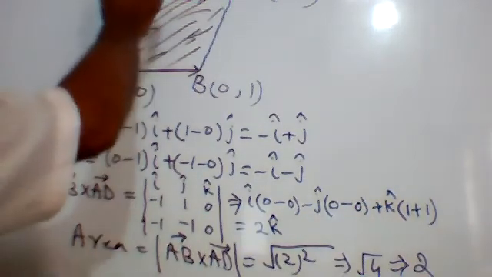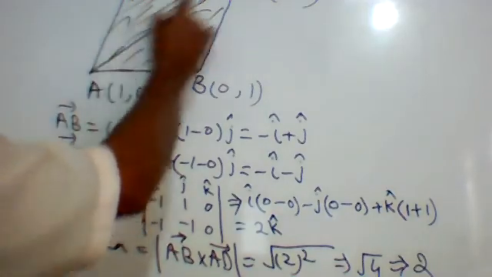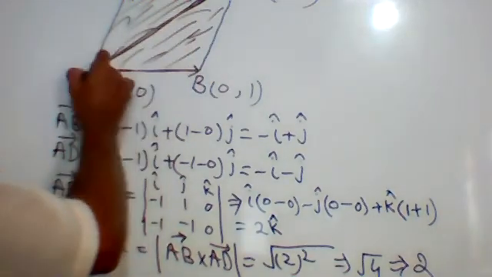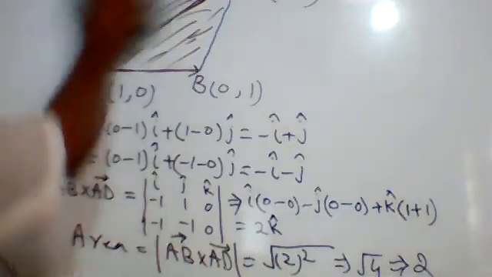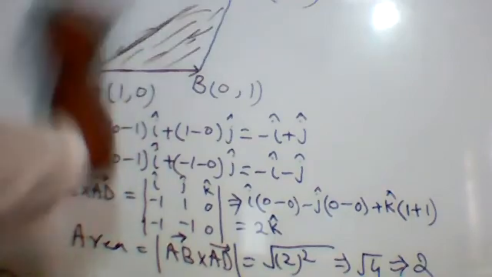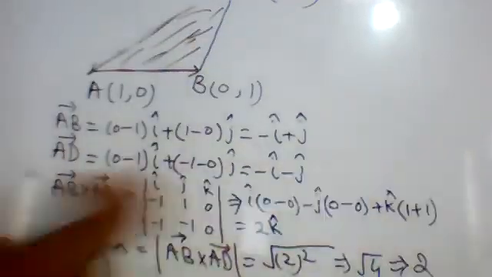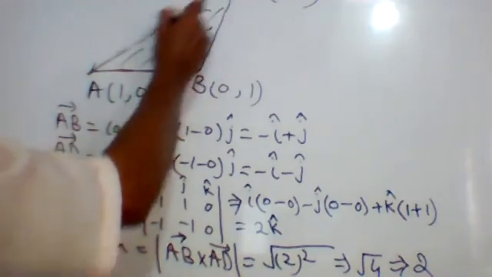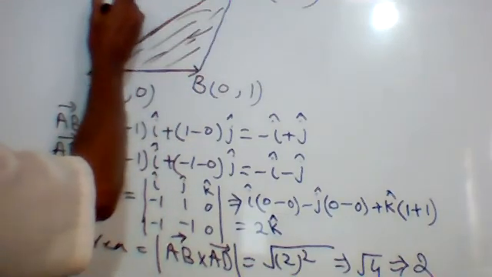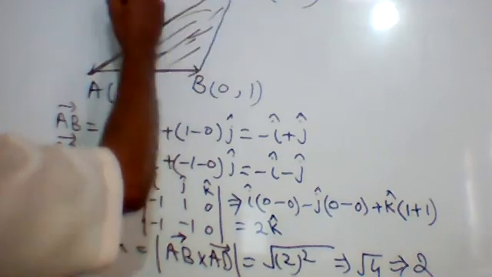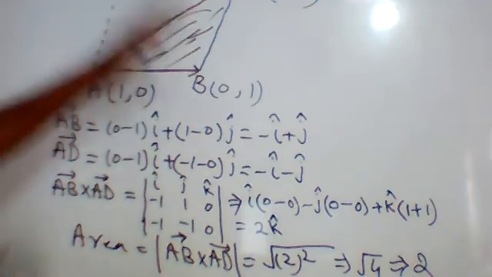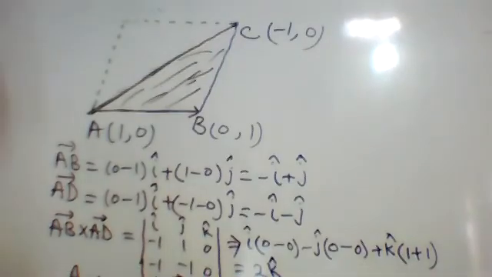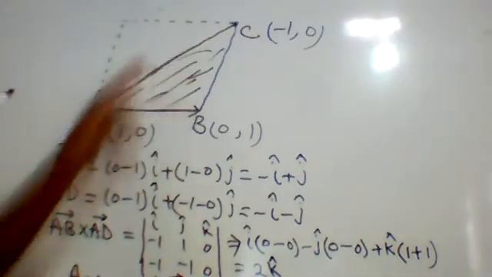The area of the triangle ABC is half of the area of the parallelogram.